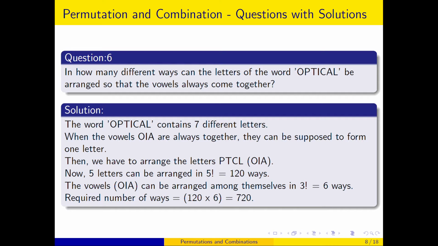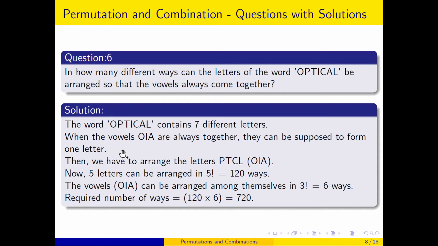In how many different ways can the letters of the word OPTICAL be arranged so that the vowels always come together? Here the condition is that the vowels always come together. The word OPTICAL contains 7 different letters.